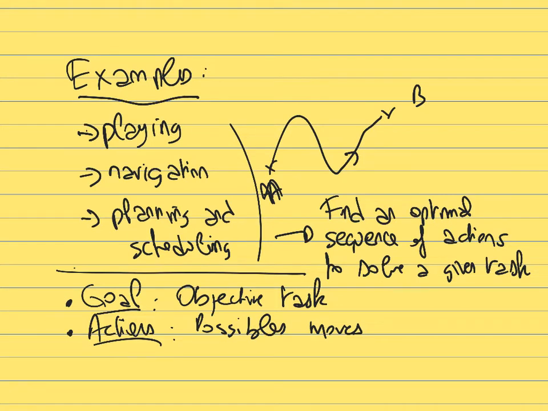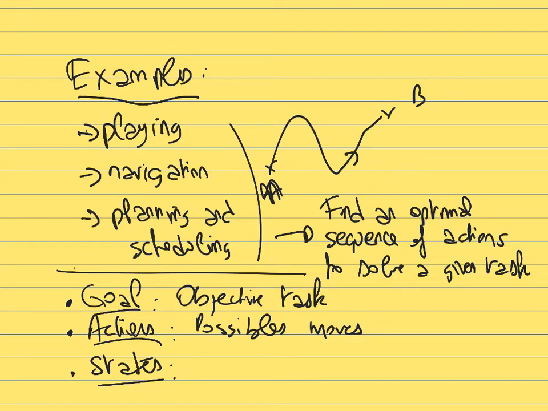And then you need to figure out what are the different states of your problem. So the state of a problem is what is changing if you are performing one move. So for example, if you are performing one move when you play a game, you will move from one state to another.